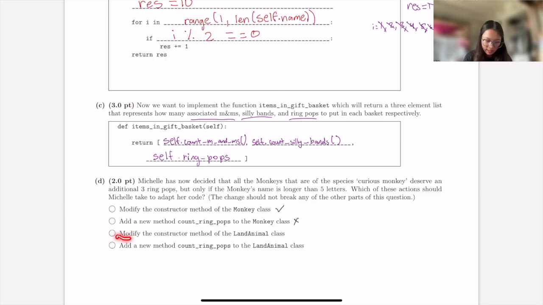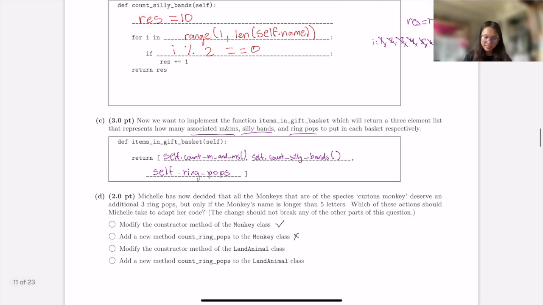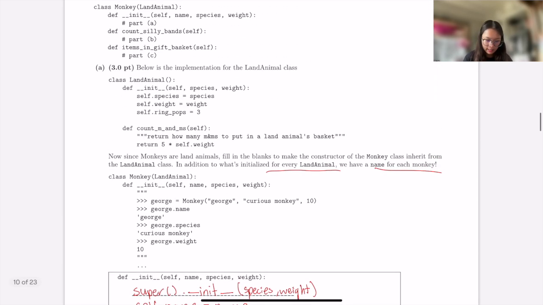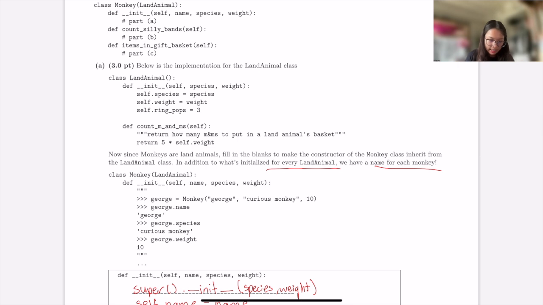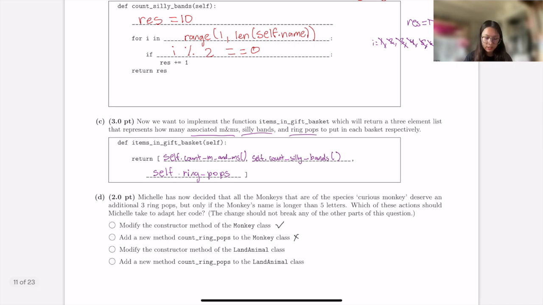So we can move on to the next option that says modify the constructor method of the land animal class. If we go to our land animal class, we can see that it has 3 attributes, which are species, weight, and ring pops, as well as the variables that get passed into it, which are species and weight. But if we recall what Michelle wants to do, she wants to add ring pops only if the monkey's name is longer than 5 letters.